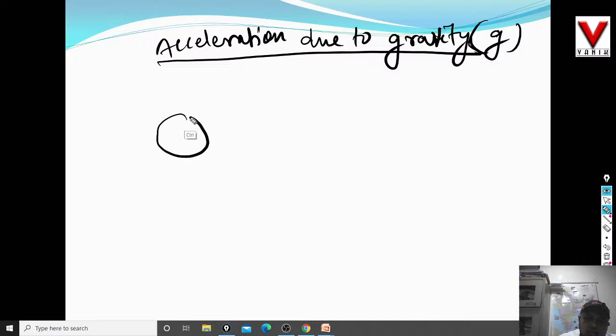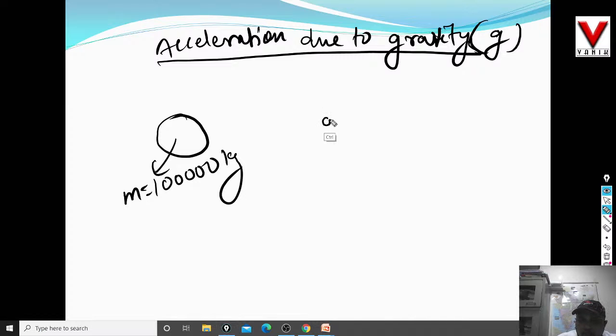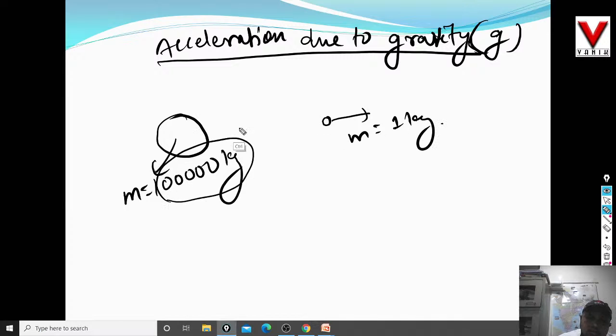So this is an object whose mass is huge, say 1 lakh kg. I have another small object whose mass is 1 kg. Now the body with the higher mass will attract the small body. So this is my m1, this is my m2, and it is attracting m2 towards itself.